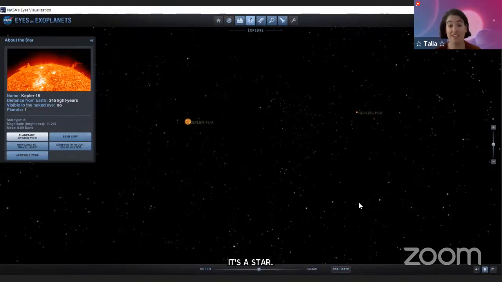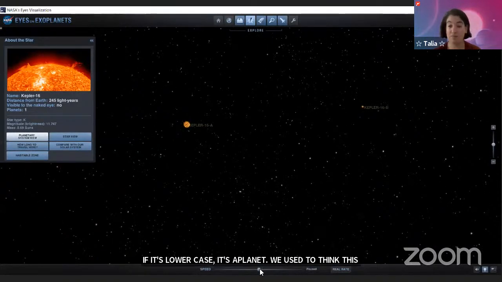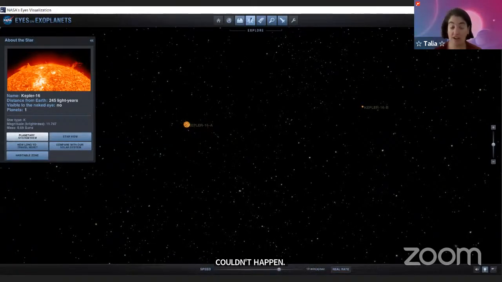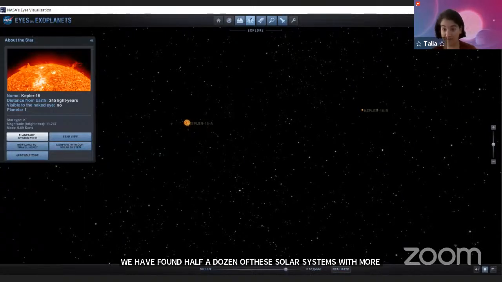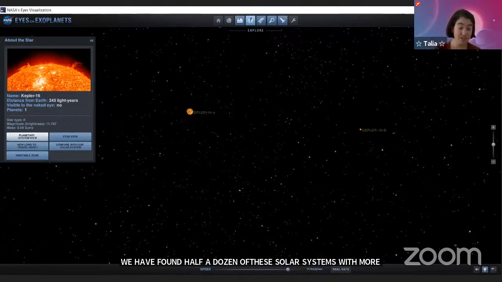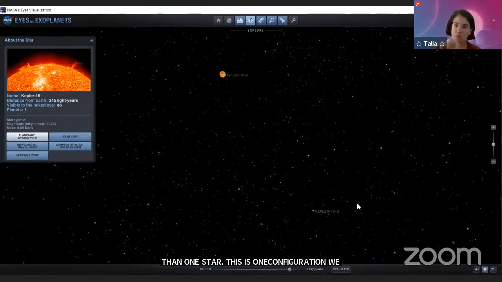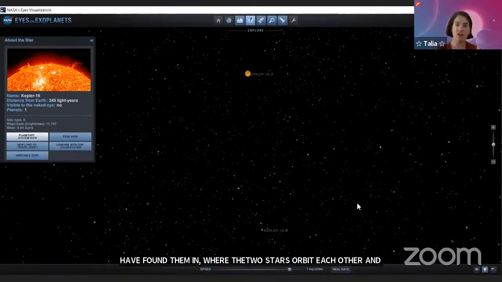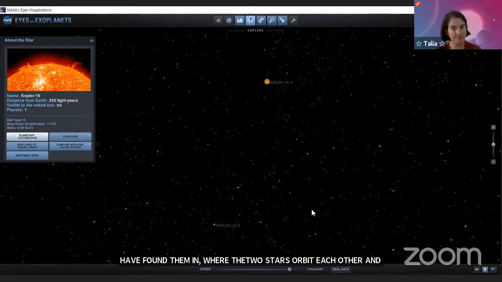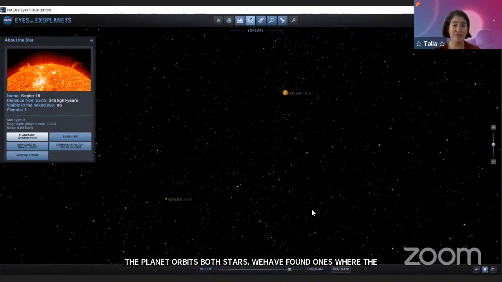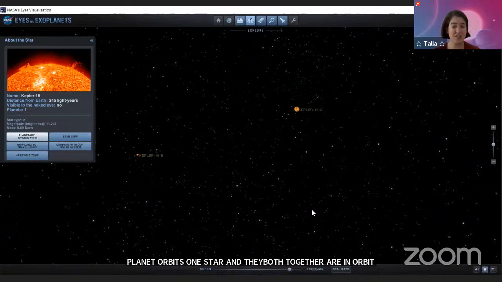We've found half a dozen of these solar systems with more than 1 star. And this is one configuration we found them in, where the 2 stars orbit each other, and then the planet orbits both stars. We have found ones where the planet orbits 1 star, and then they both together are in orbit around another star. And we've even found systems with 3 stars.